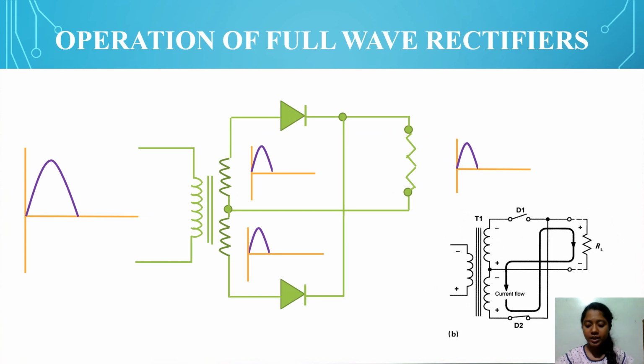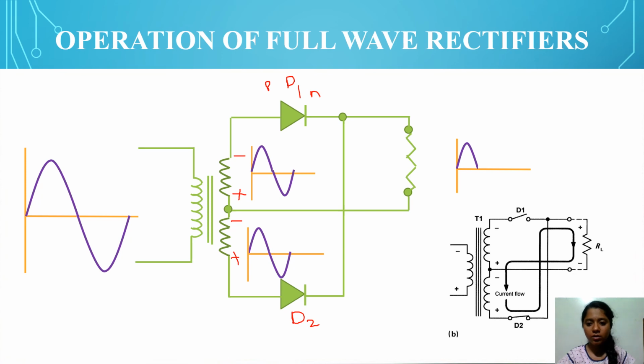Now coming to the negative half cycle. In the negative half cycle, this will be negative, this will be positive. As usual, this is P type, this is N type, this is diode 1, and this is diode 2.